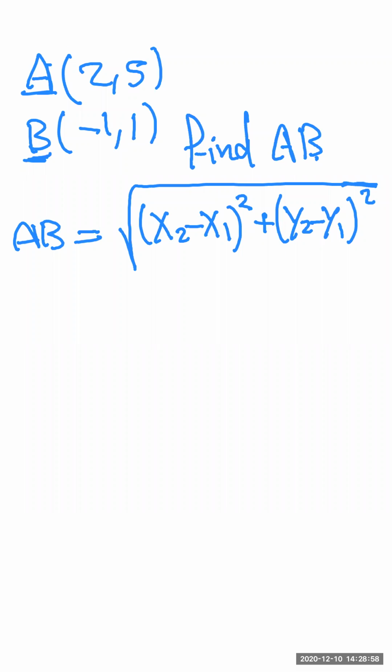By the way, guys, it can also equal x1 minus x2 plus y1 minus y2. You know why? Because if x2 is 5 and x1 is 2, so consider that this one is x1 and this one is x2, for example. So x2 minus x1 means 5 minus 2, right? Yes.